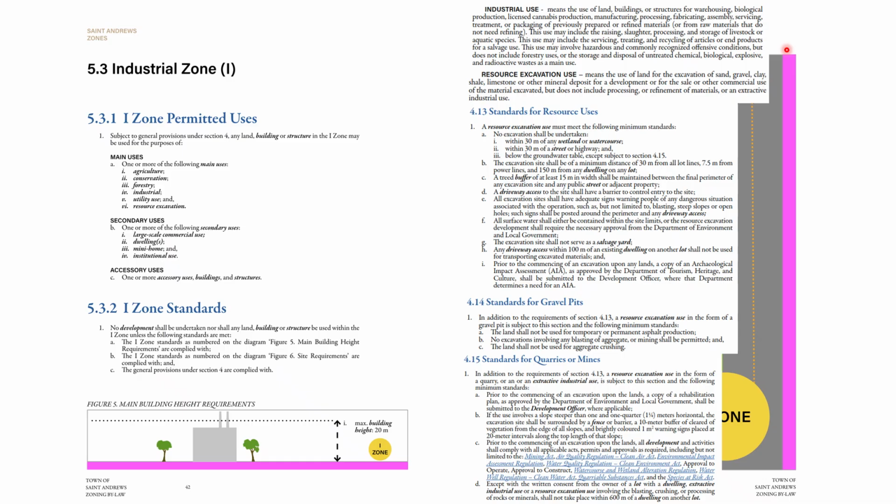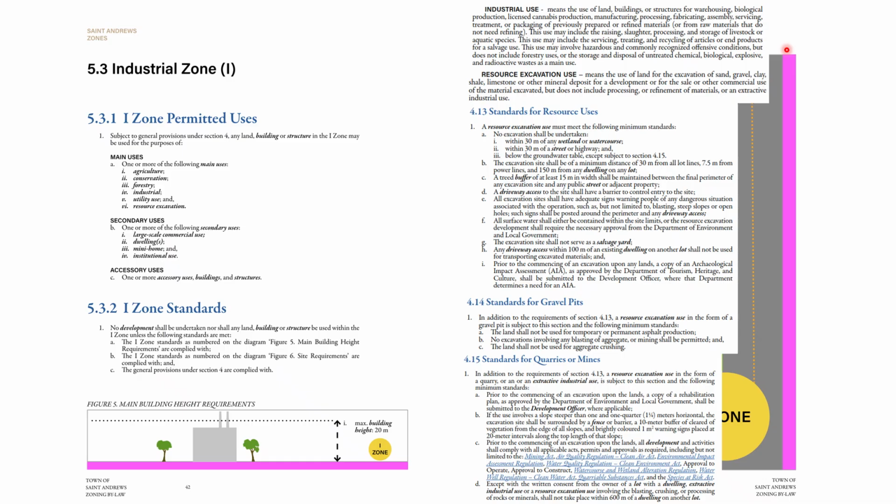This use may include the servicing, treating, and recycling of articles or end products for a salvage use. This use may involve hazardous and commonly recognized offensive conditions, but does not include forestry uses, which aren't allowed use in the zone, so they could still happen here, or the storage and disposal of untreated chemical, biological, explosive, and radioactive wastes as a main use.